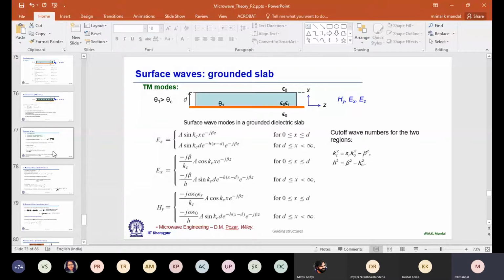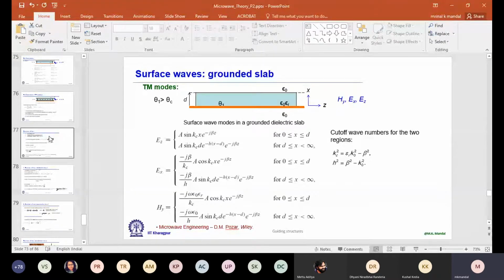In fact, for any guiding structure, if we know the electric and magnetic field distributions, then we have to find out which surface wave mode has electric and magnetic field in the same direction. Because if they become perpendicular to each other, we call them orthogonal modes, and they can't excite one another. So we don't have any effect due to the other mode. So they should have some component in the same direction.